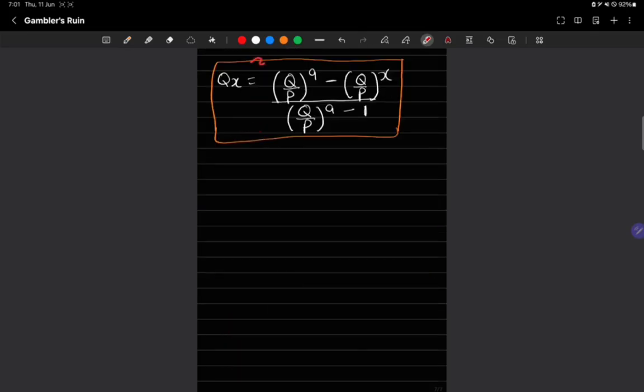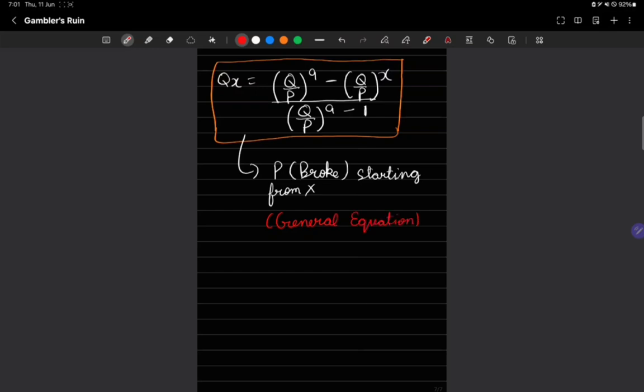So now that we know the probability of going broke is this, starting from x. Now this is a general equation. But what if the coin flip is fair?